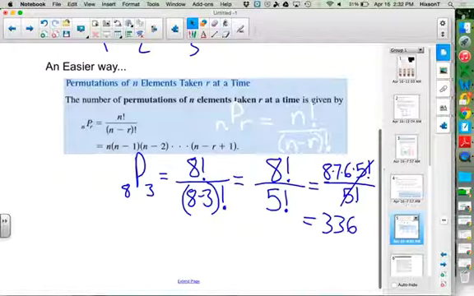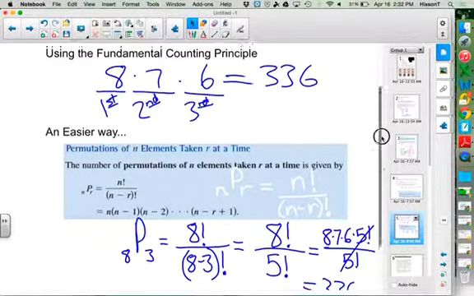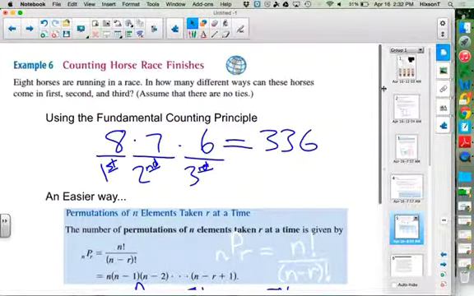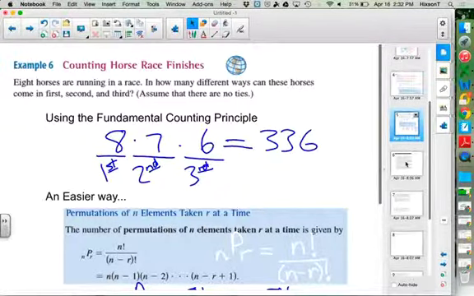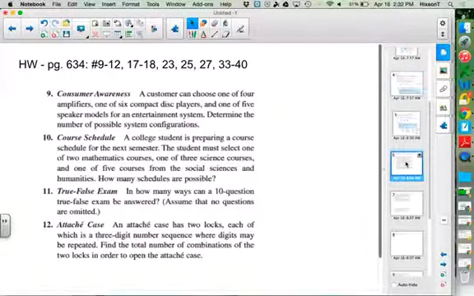All right. So, any other questions about our fundamental counting principle and about our permutations? All right. Now, I gave you guys some different problems. Try to think through each one of these.